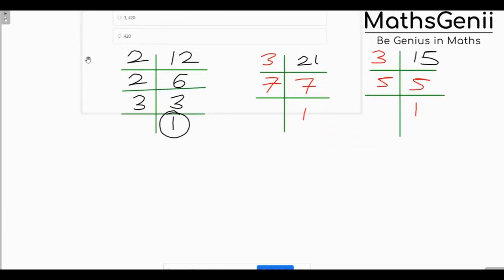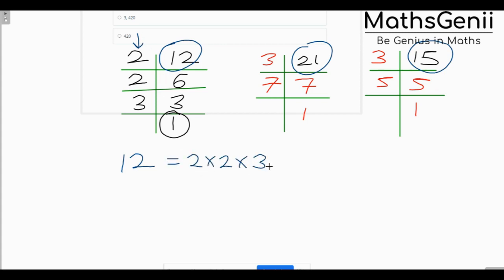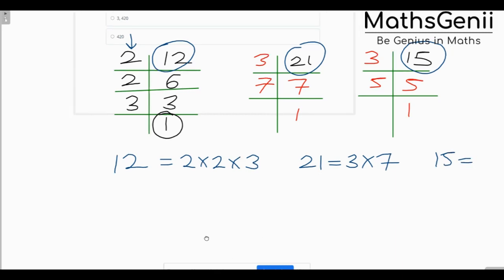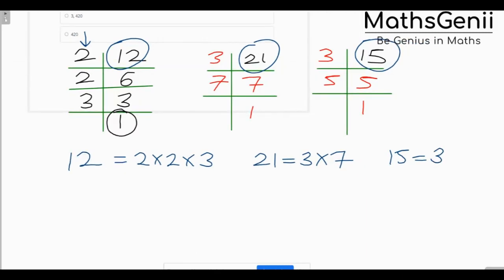Now I solved for 12, 21 and 15. So for 12, I am copying 2 into 2 into 3. For 21, I am copying 3 into 7. And for 15, I am copying 3 into 5.